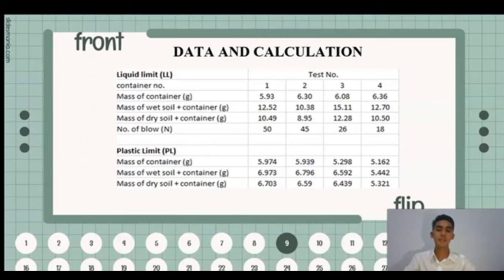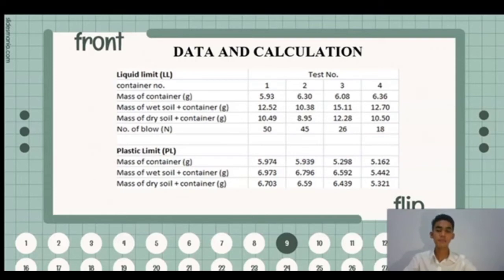Plastic limit. Mass of container for test number 1 is 5.974. The second one is 5.939, the third one is 5.298, and the last one is 5.162.